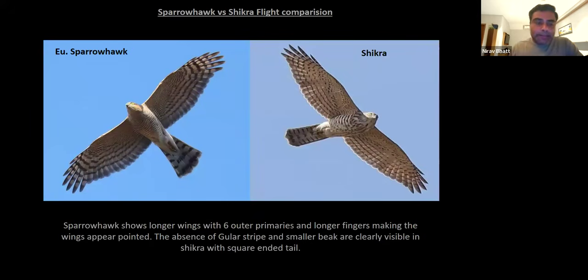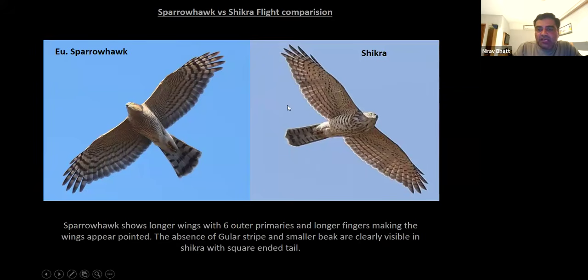Shikra and Sparrowhawk in flight. Once again, 5 fingers, 6 fingers. One thing, absence of gala stripe versus faint gala stripe. Here, fine markings throughout. Here, streakings and spottings. Very small beak here, a medium-sized beak there.